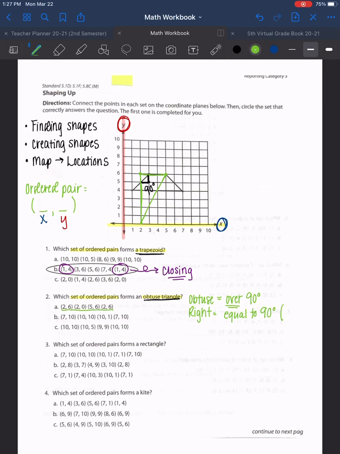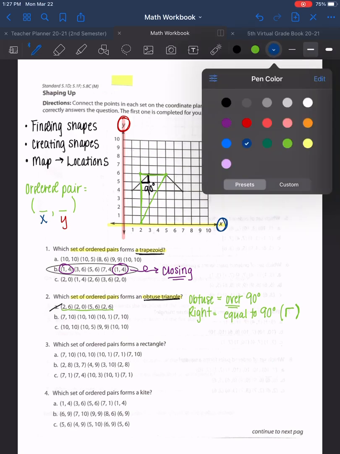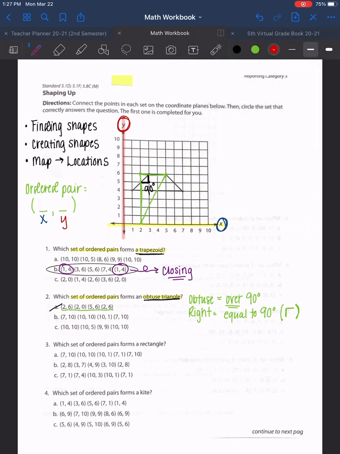So it's not going to be obtuse, because obtuse is over 90 and right is equal to 90. And we know by having that perfectly cut angle that this is what a 90 degree or right triangle looks like. So that one is not our answer.